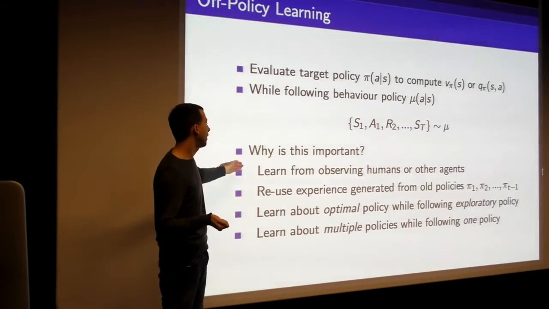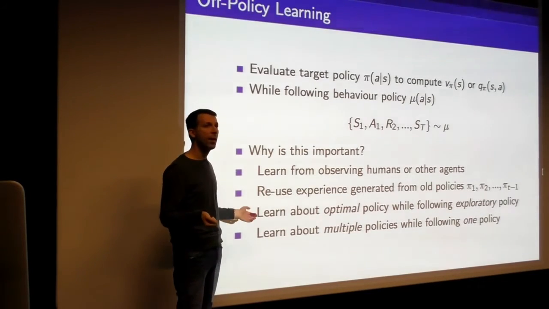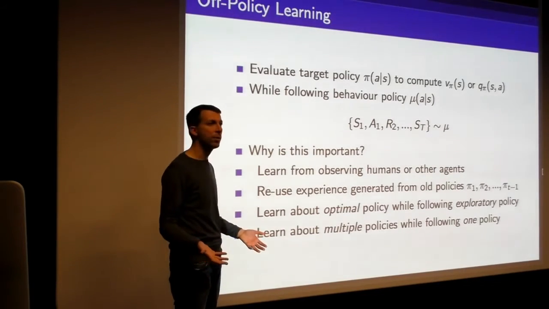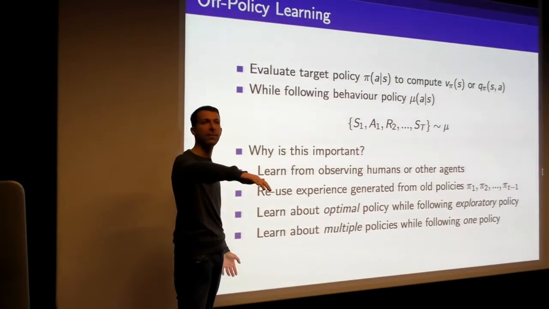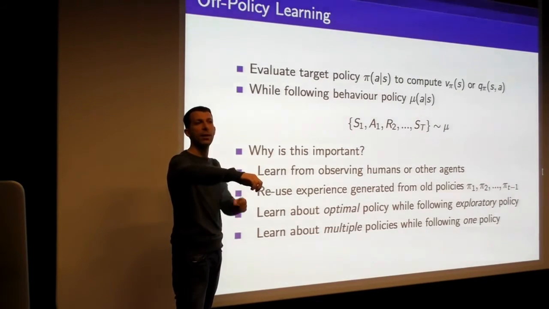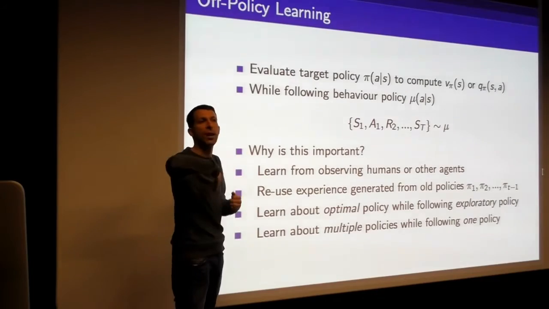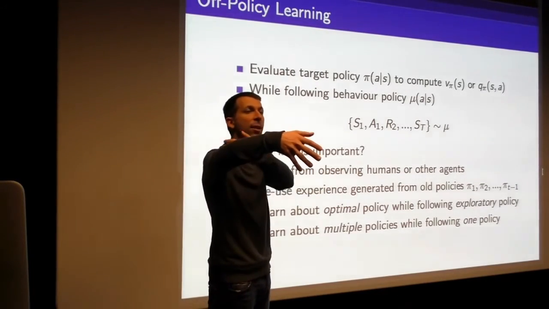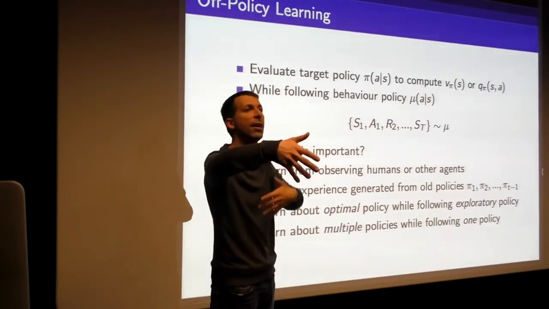The first reason is that you might want to learn from observation of other agents, like humans. You might want to see how humans behave, and not just do supervised learning to copy what the human did, but look at the traces of behavior, the episodes of behavior that the human executed, and just from that experience, figure out how to solve the MDP.